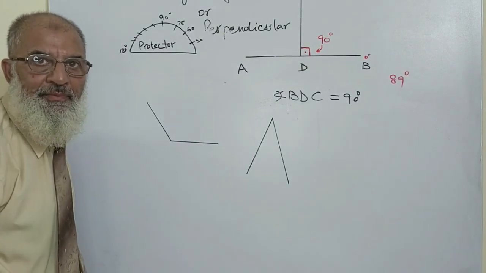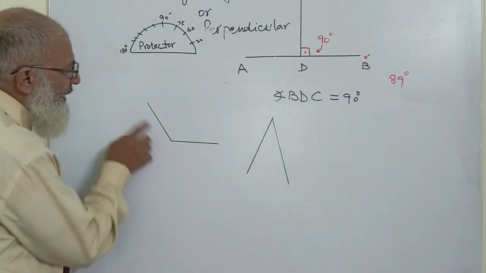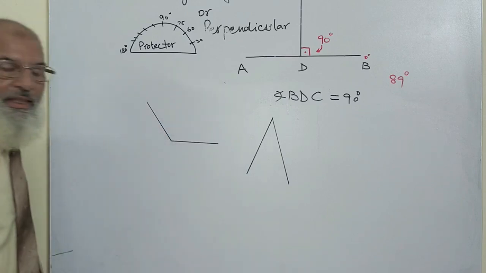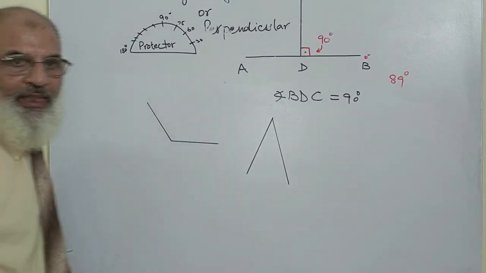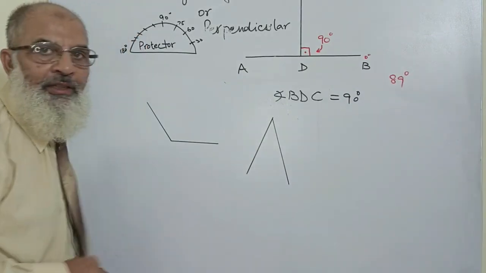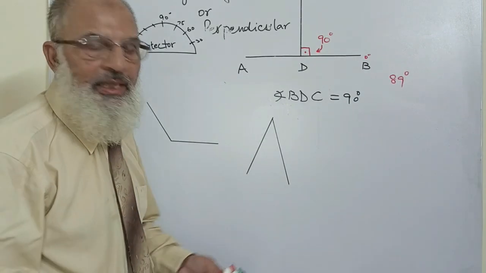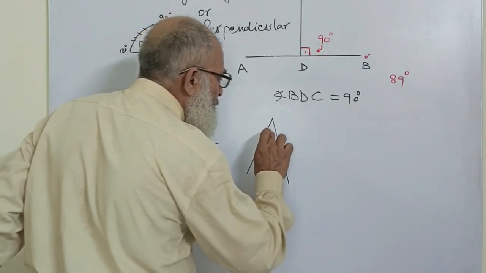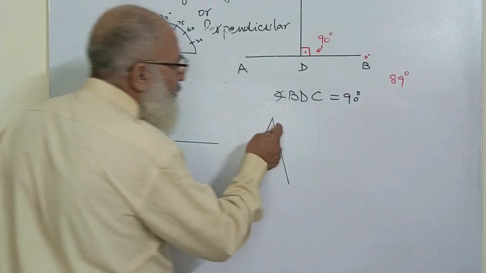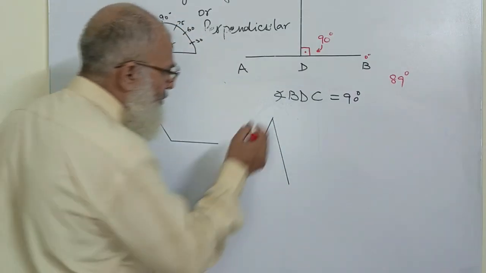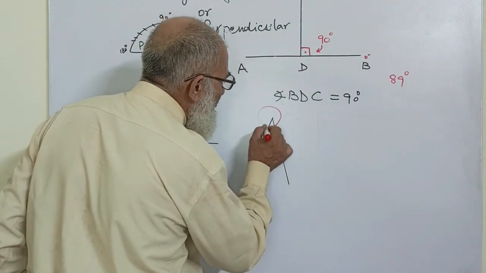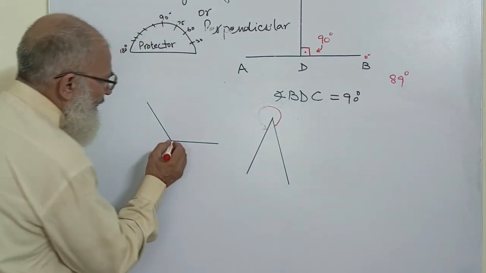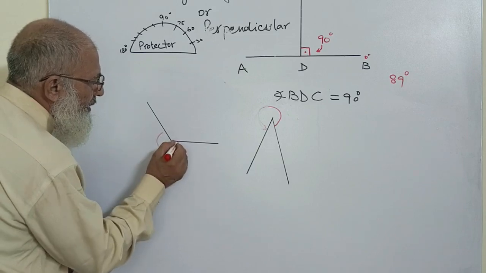And if I mark this angle from here to here, then it is obtuse angle. Well, yes, you are right, but this is not the case over here. We are not going to mark this angle and this angle. We are going to mark the outer angle, and here again the outer angle.